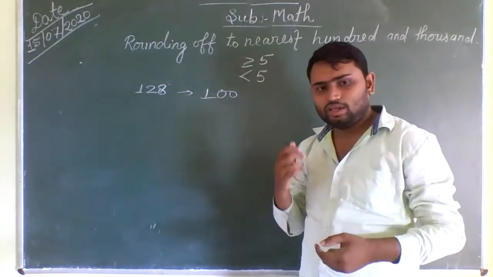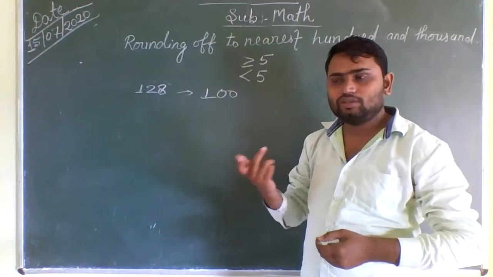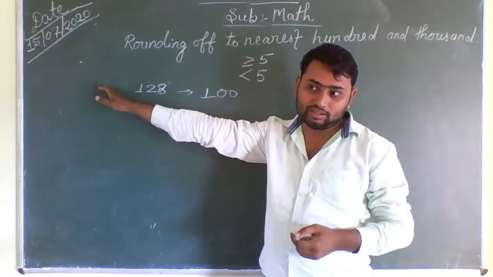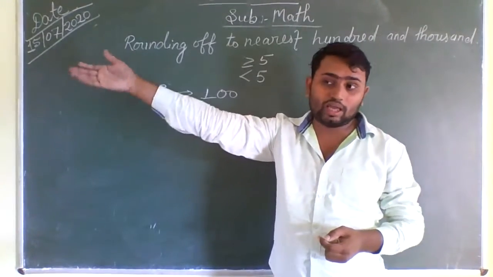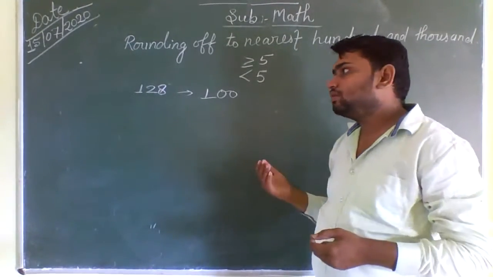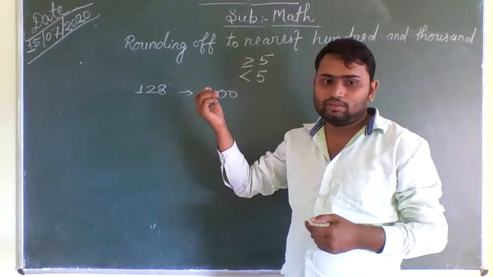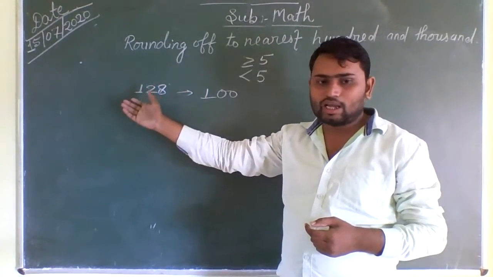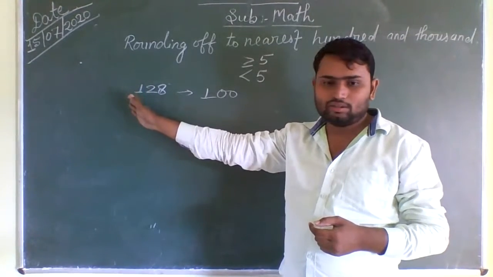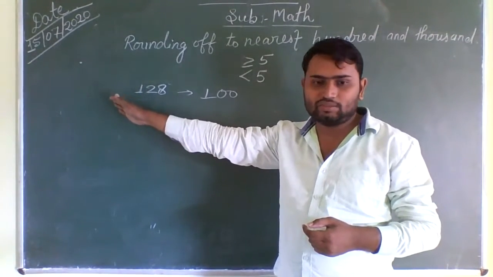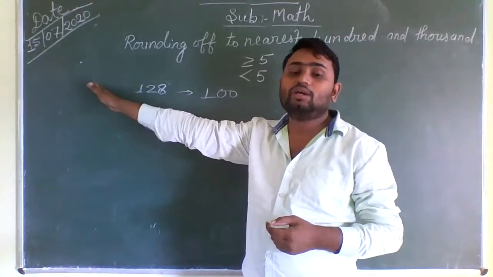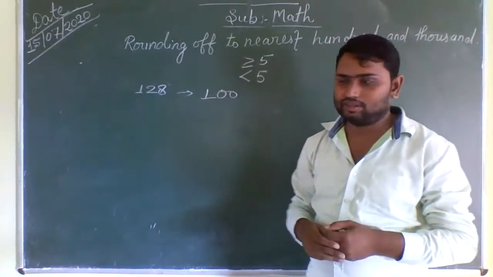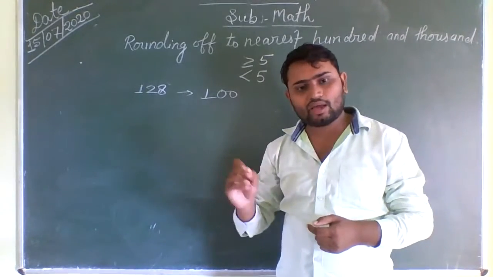If there are more digits, like the digits at thousand place, ten thousand, lakh, ten lakh, in that condition we will write the digits as they are.